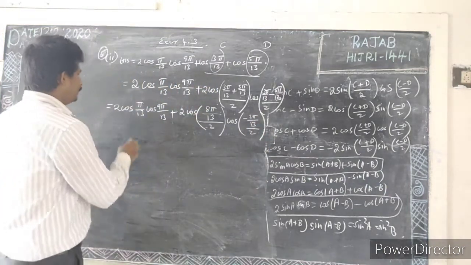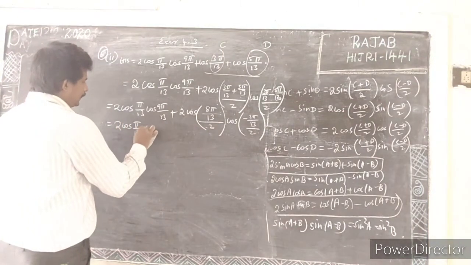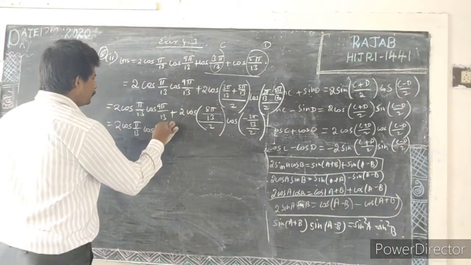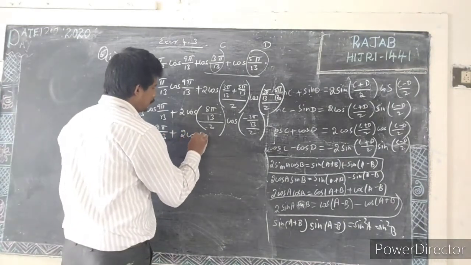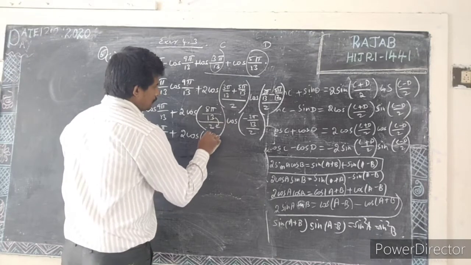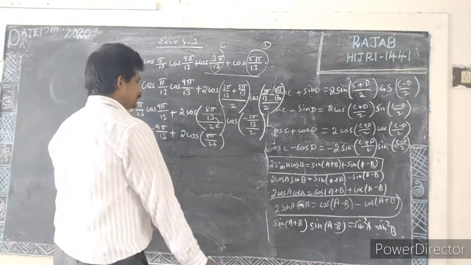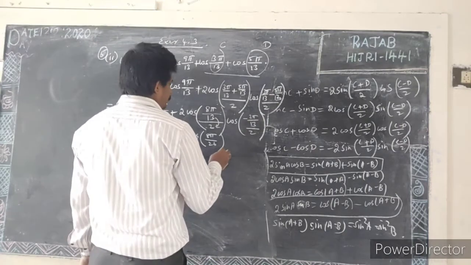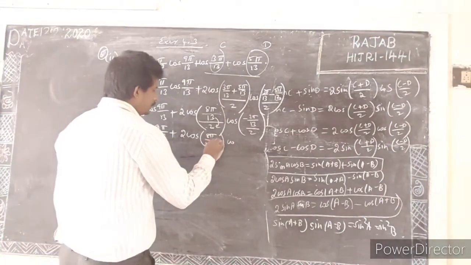So 2 cos pi by 13 cos 9 pi by 13 plus 2 cos 8 pi by 26, or we can write 2 into 13.